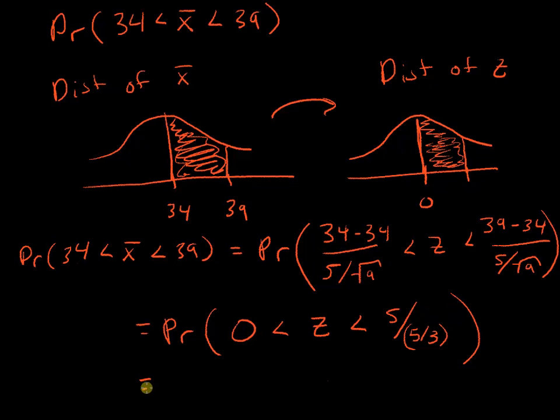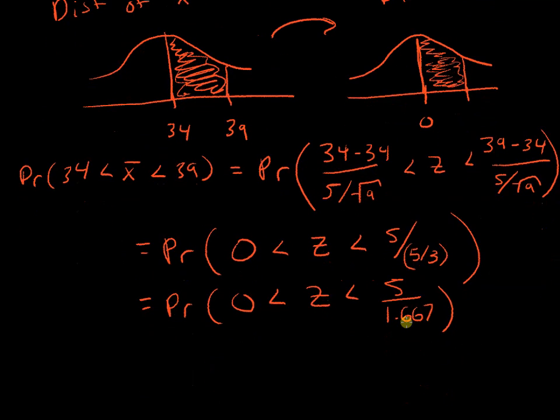Why is it at least 3? Because z you're going to round to 2 decimal places, so you want to make sure you don't mess up your calculation of z due to rounding errors. So let's calculate that: 5 divided by 1.667.